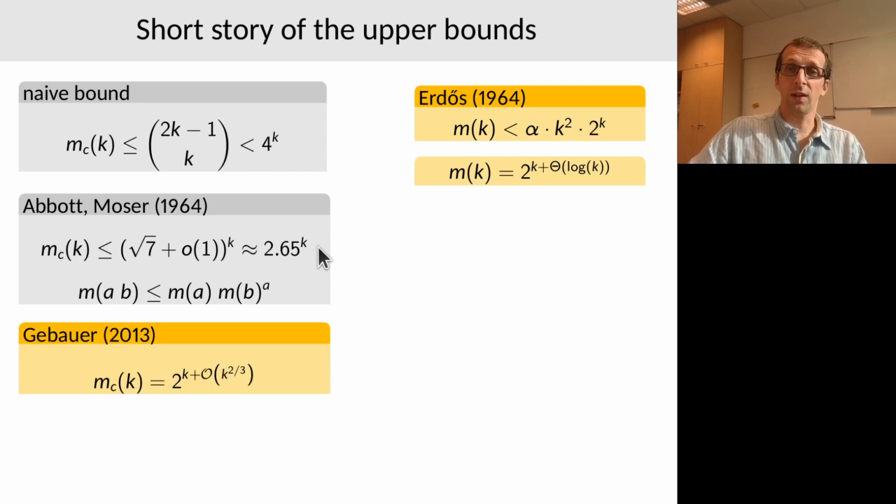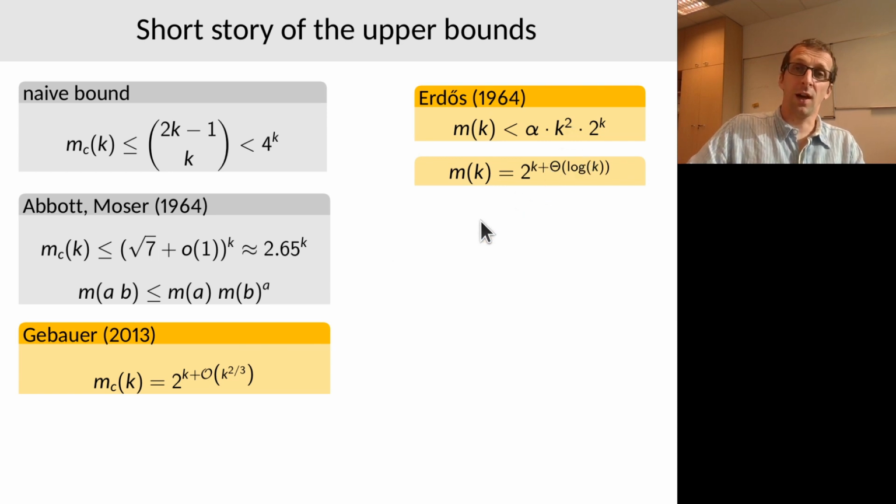Almost 50 years later, this constructive bound was improved significantly by Heidi Gebauer. She designed a very neat construction which allowed us to reduce the base of the exponent to the right value. As you can see, the factor 2 to the k here is inevitable by the nature of the problem.